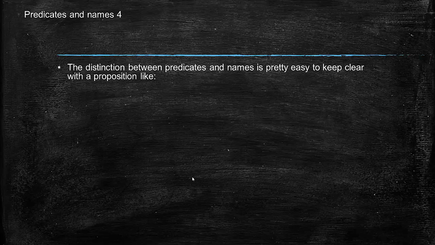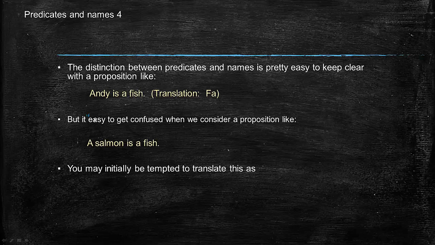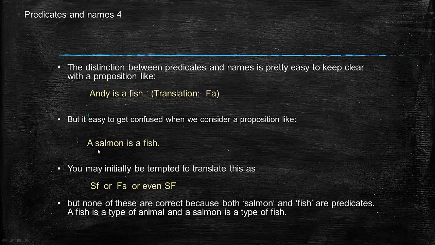Okay, so the distinction between predicates and names is pretty easy to keep clear with a proposition like Andy is a fish, which would translate as F-A, capital F, little a. But it's easy to get confused when we consider a proposition like a salmon is a fish, because you might be initially tempted to translate this as, say, FS, big S little f, or big F little s, or big S big F. But none of these are right, and the reason is because both salmon and fish are predicates.